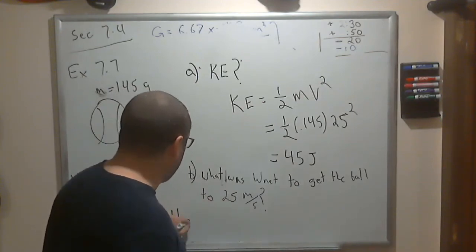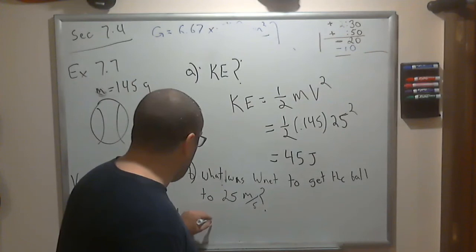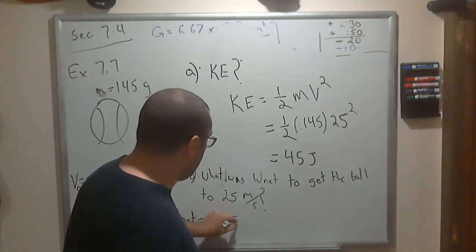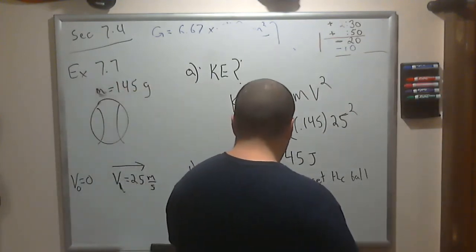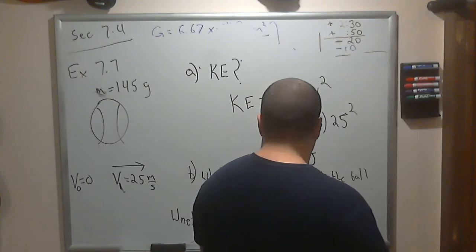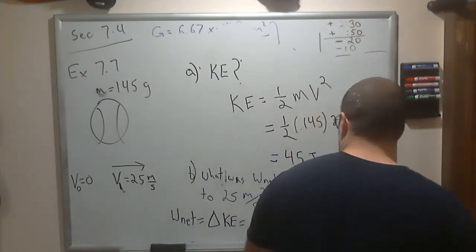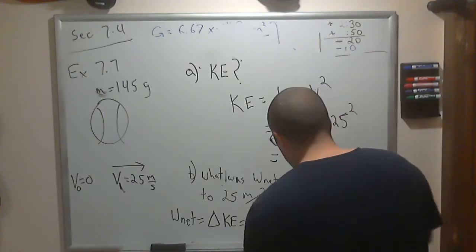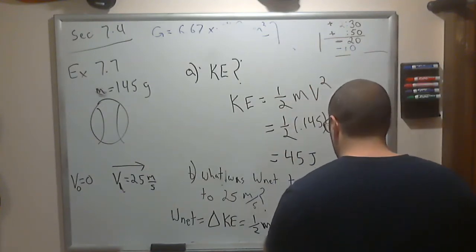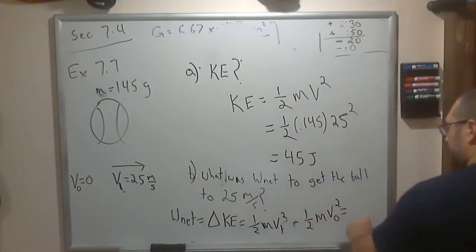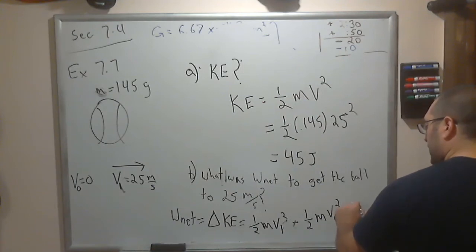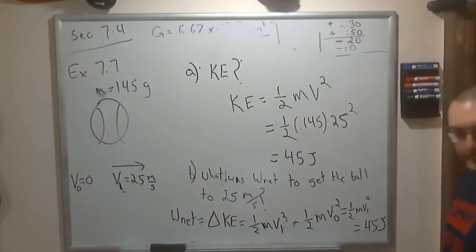The net work done is equal to the change in kinetic energy. And this is equal to 1/2 m v1 squared minus 1/2 m v0 squared, its final minus its initial. And we know that V0 is 0, so this ends up being 45 joules.